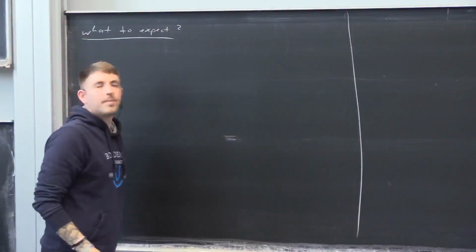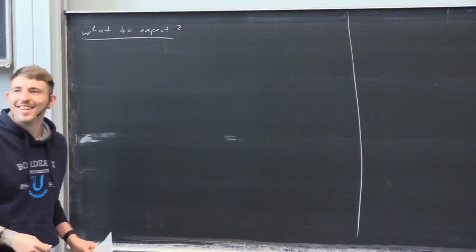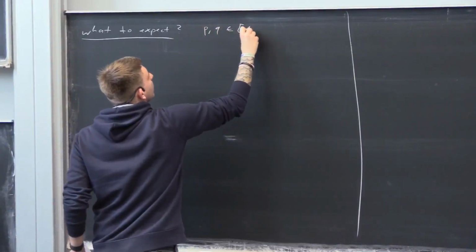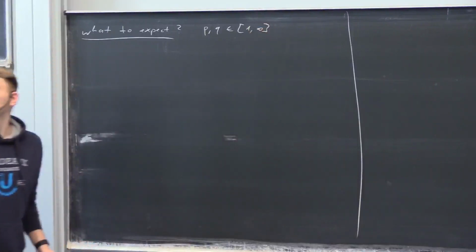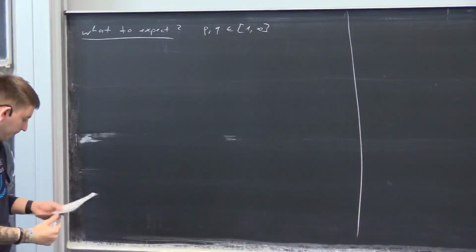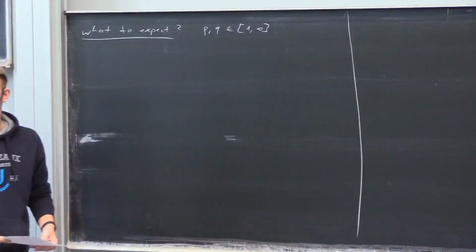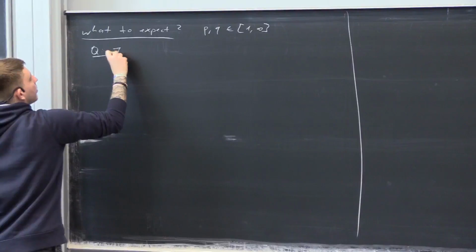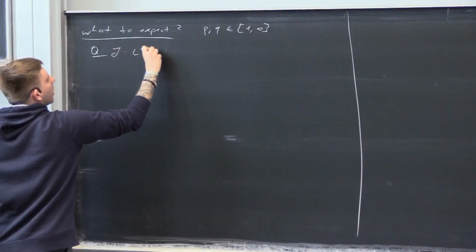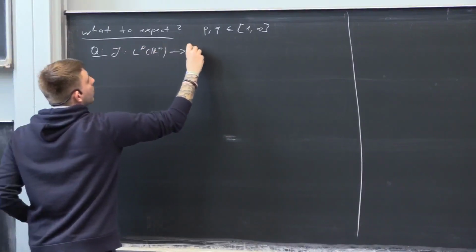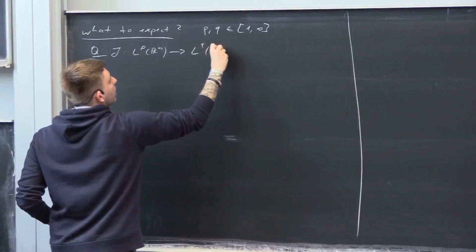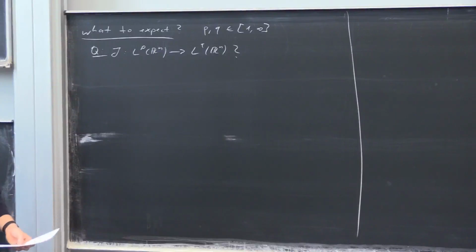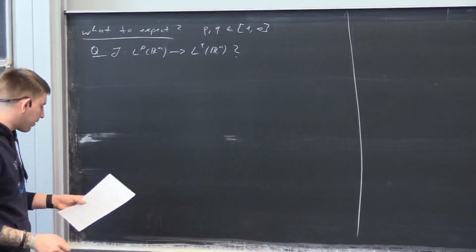We take numbers p and q in 1 to infinity. If you have questions, just interrupt me, okay? We are interested in the question: does J map Lp(Rn) to Lq(Rn)?